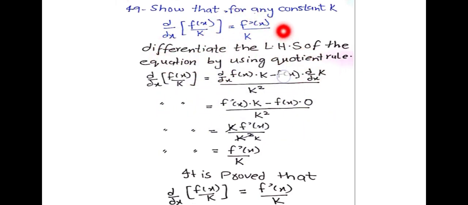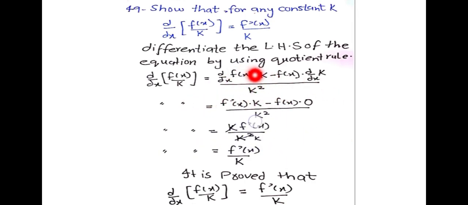So in the quotient rule, first of all we take the derivative of the function in the numerator and multiply it with the denominator, and then we write the function in the numerator and multiply it with the derivative of the function in the denominator, and then we divide this by the square of the denominator.